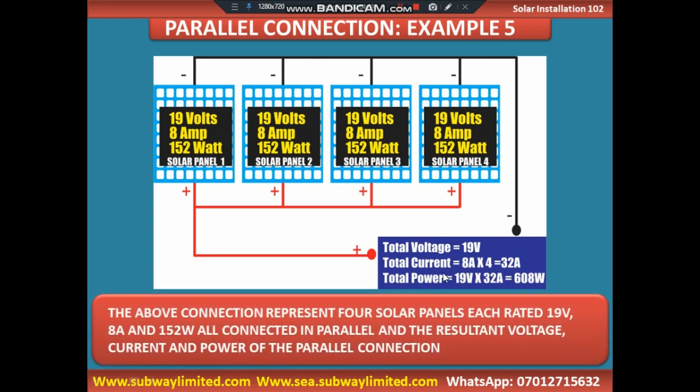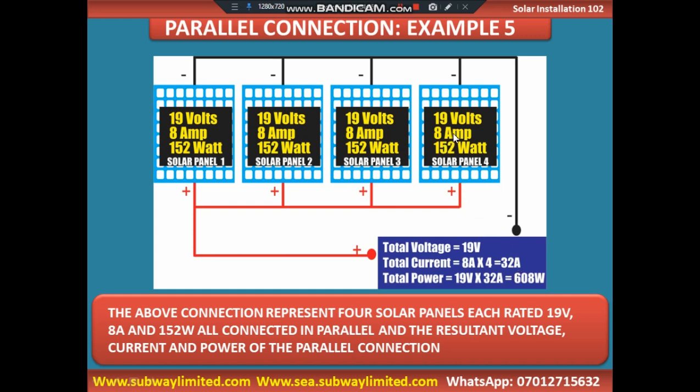If you look at our output here, you have a total voltage of 19. Each of these panels was 19 volts. If you connect all of them in parallel, it will still remain 19 volts, and the current will be additive. That means 8 amp times 4, which will give you 32 amp if you do the calculation.